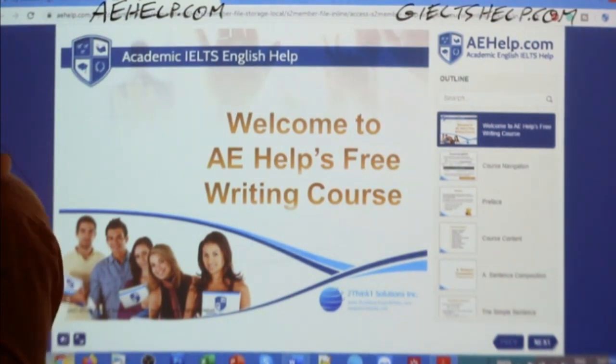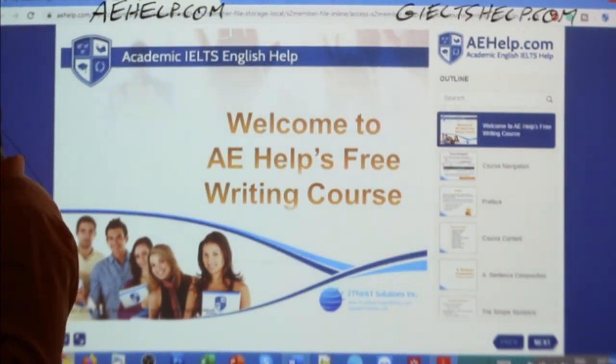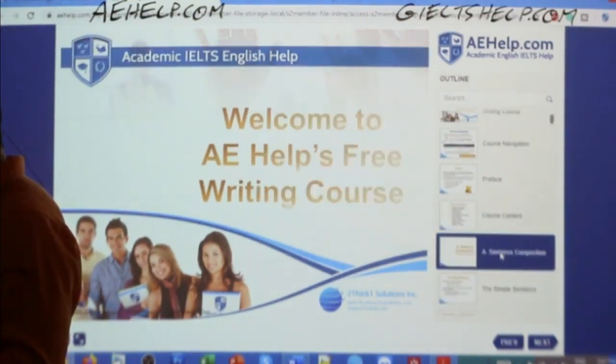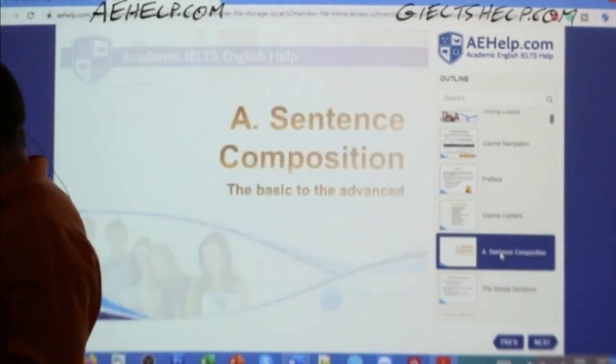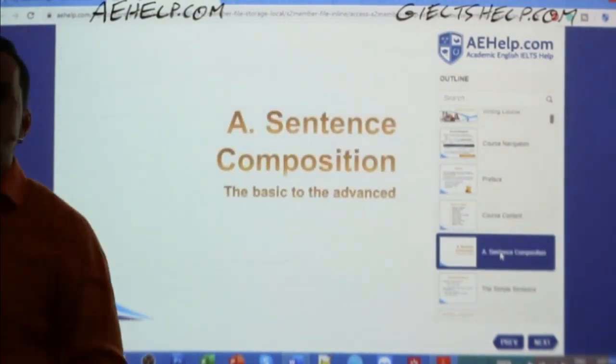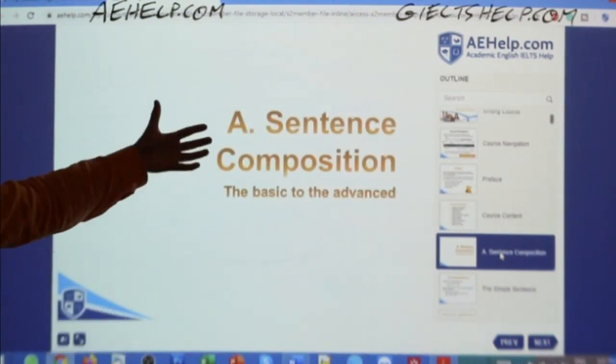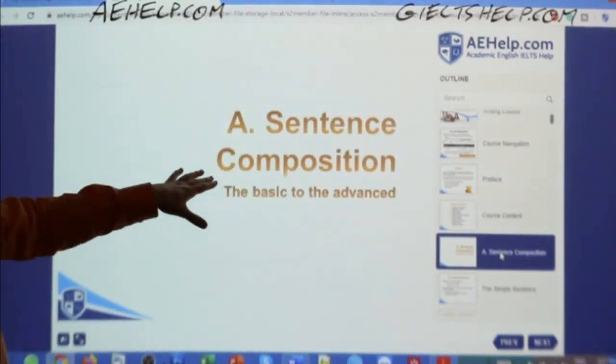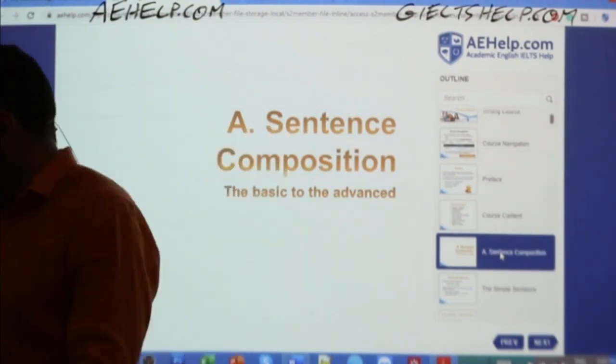Then you're going to get to these compound and complex sentences. So let me just go through this with you a little bit here. This is a fairly long course, so I'm not going to have time to show all of it for you, but look for sentence composition.